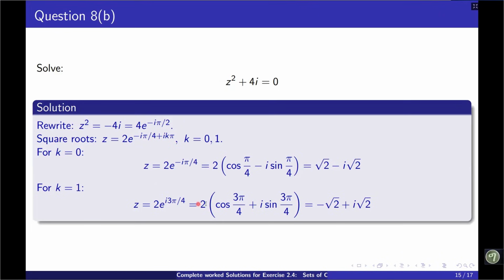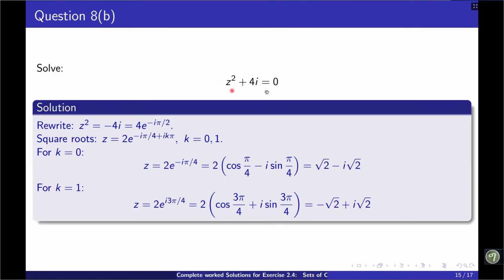So that it could be 2 times e to the power of i 3 pi over 4, which could be cosine of 3 pi over 4 plus i times sine of 3 pi over 4, which is equal to, again, this is radical 2 over 2, radical 2 over 2, but this one is negative, so that's minus radical 2 plus i times radical 2.